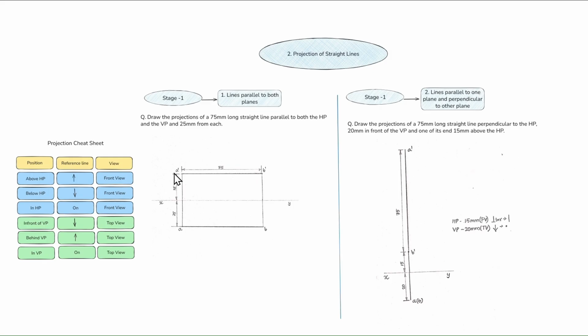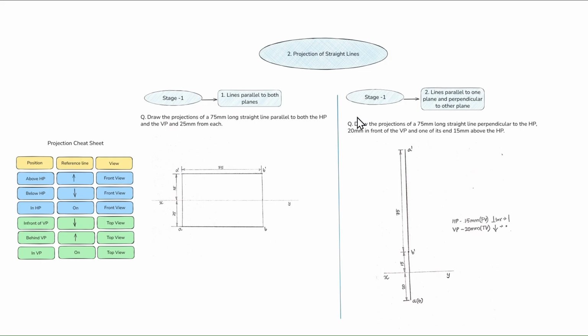First we have plotted these points A dash and A, measuring the 25 mm distance, and then we will draw that 75 mm line. I hope you got it. First you plot the points, then you draw the line. That's it for lines parallel to both planes. That is stage 1 finished.